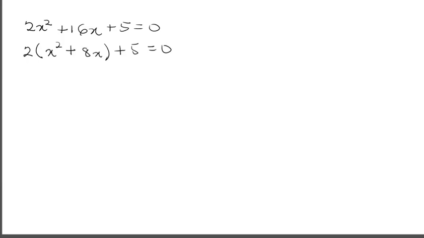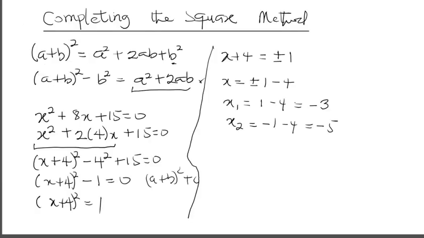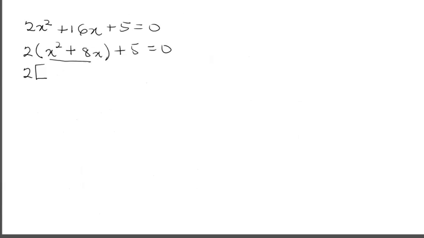I will then introduce a square bracket. Now, if you look at the expression in the bracket here, it looks like this. So I'll then write it as x squared plus, I'll need my 2, so I'll bring the 2 out, and then I'll have my 4 in here, and then x plus 5 is equal to 0.